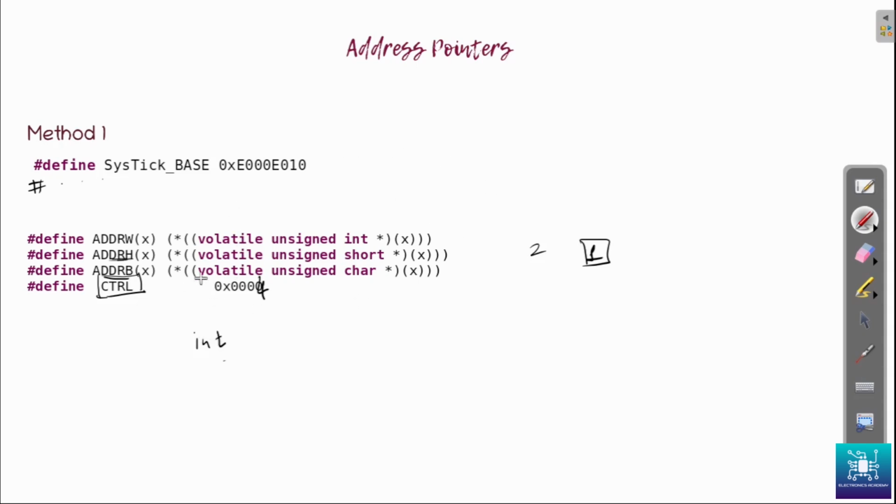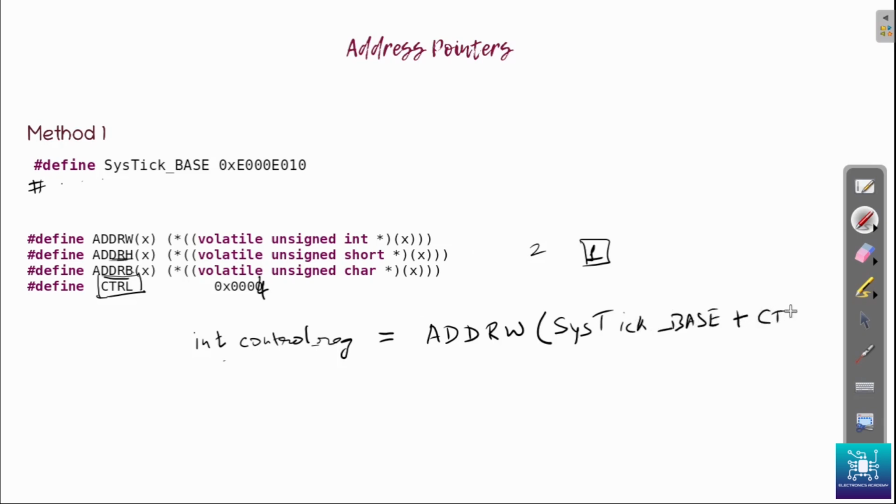So we can say integer control register equal to ADDRW. These variables can be anything. I've just written it like this, but it can be SysTick underscore base, and then you do plus CTRL.